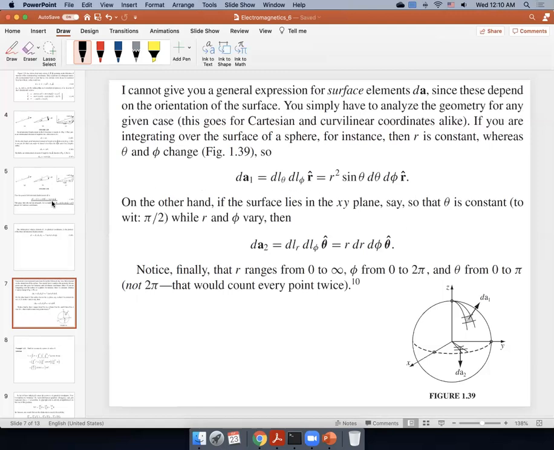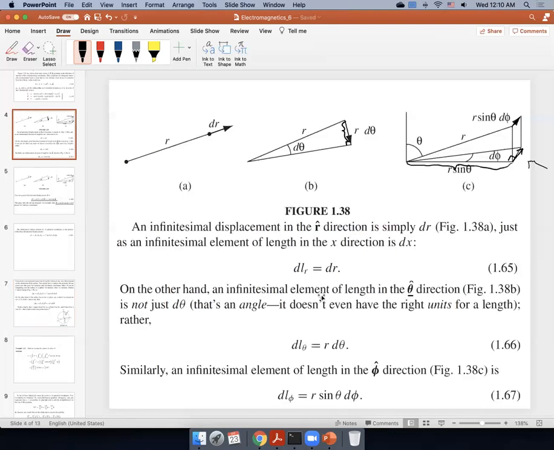Then you put all the equations for dL theta and dL phi into this equation, and you get r squared sine theta, d theta d phi, times r hat. R hat is simply the direction of the surface element. So here you just need to remember what dL theta and dL phi are. They're all here.